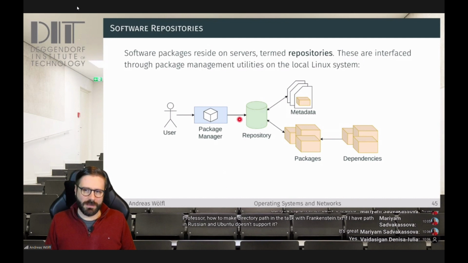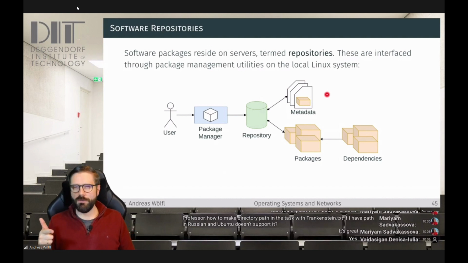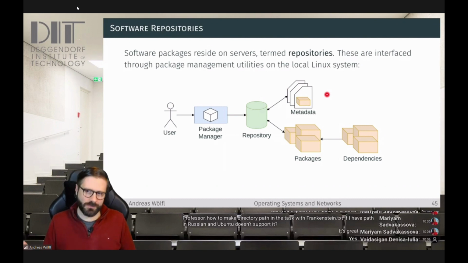So the package manager contacts a repository and loads the metadata. Metadata is data about data, and in context of packages, the metadata hold, for example, the list of all packages the repository does offer, the versions of the packages, the dependencies of the packages, the maintainer of a package, like a lot of data that describes the packages.